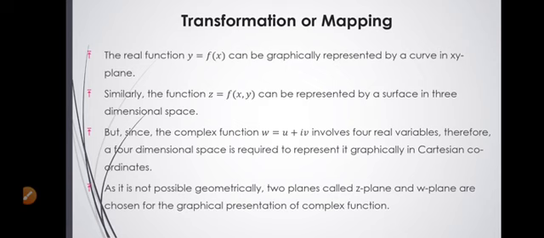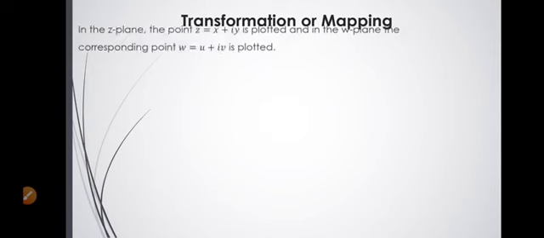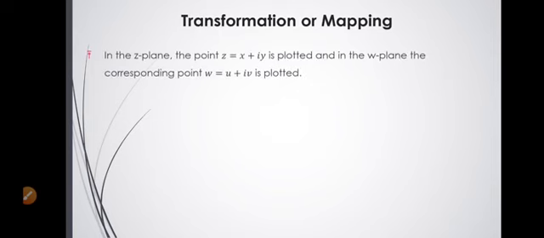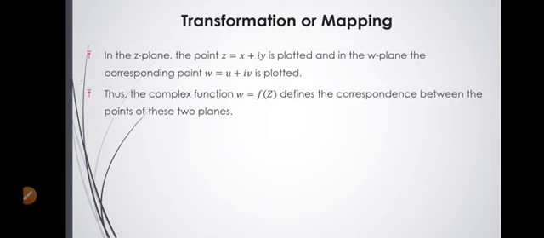Here in the z plane, a point with x and y coordinates is plotted, and in the w plane, a point with corresponding u, v coordinates is plotted. Thus, the complex function w equal to f of z defines the correspondence between the points of these two planes.